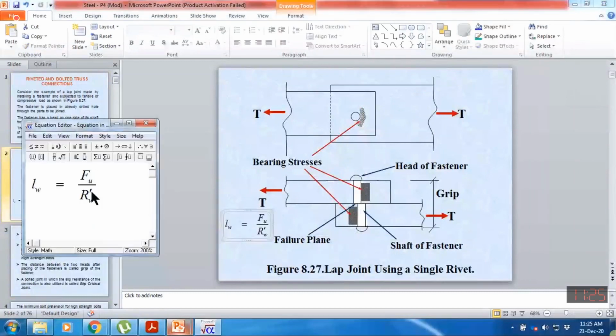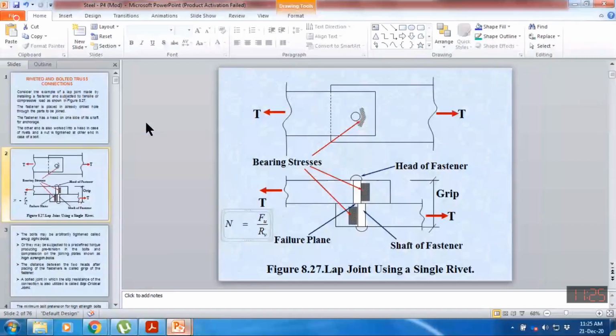The number of rivets is computed using FU. The FU force is the same that we determined for the welded connection design, that is the largest factored force acting in the member or 50% of the capacity, whichever is larger.